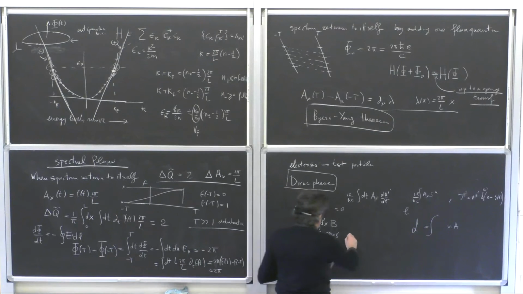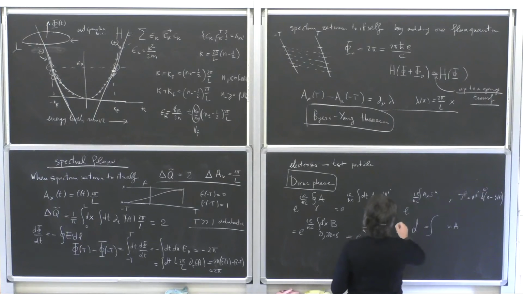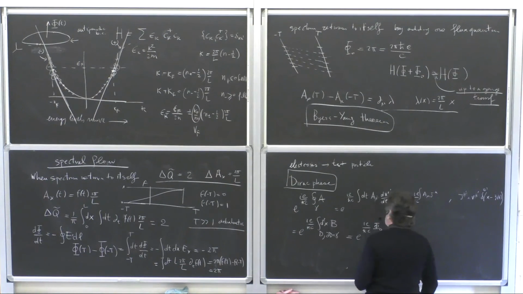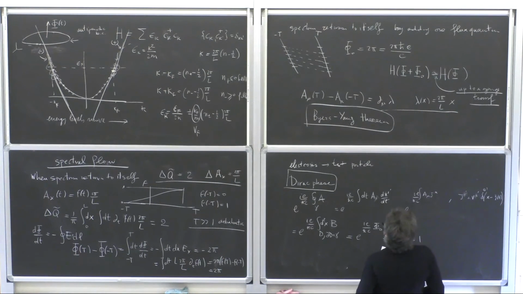And then you get e to the i e over h bar c phi naught, and because phi naught is that thing, you get e to the 2 pi i, and you get 1. Wrong? Phi naught is wrong? No, phi 0. Yes, phi 0.